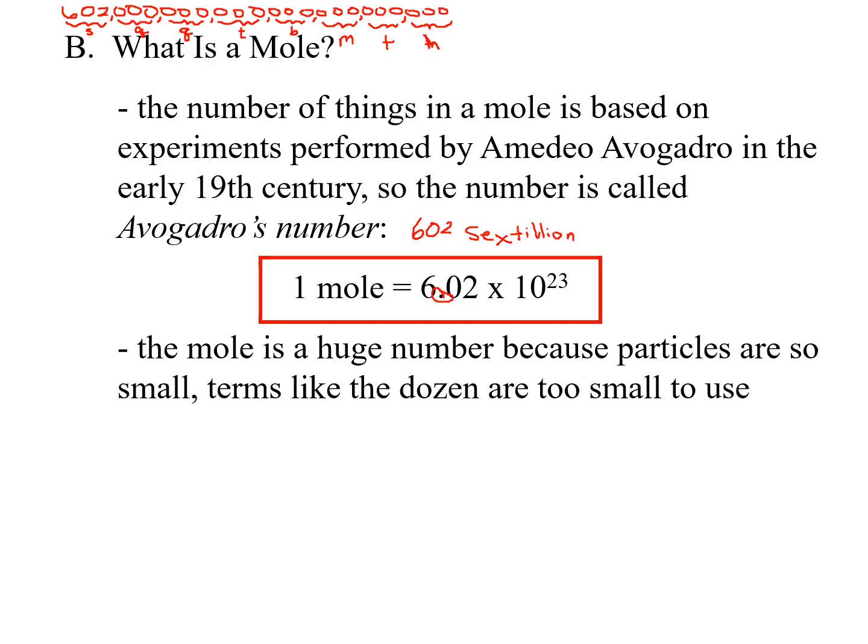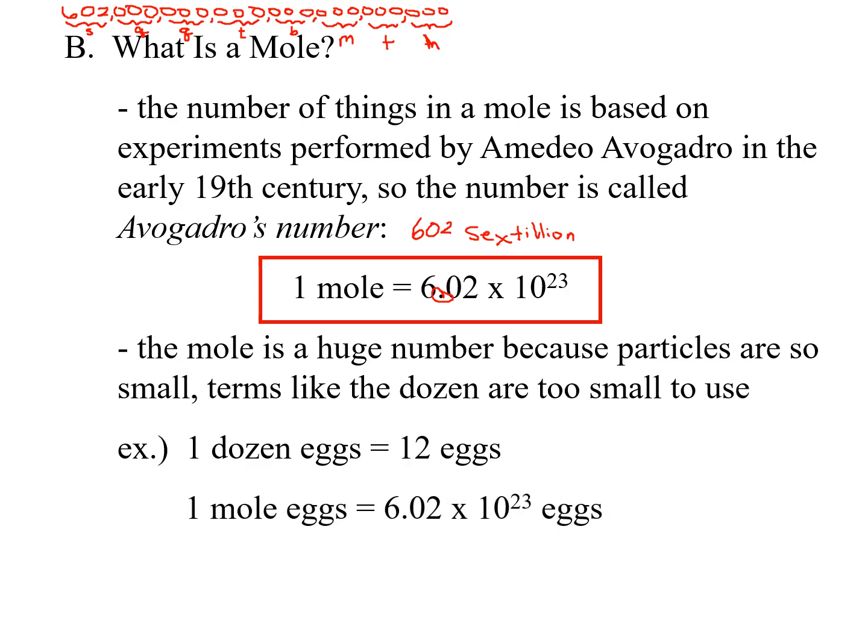But for things like people or eggs or donuts or whatever, that would just be a ridiculous number and would be silly to use. So this is appropriate: 1 dozen eggs equals 12 eggs. That seems very appropriate. But this is not appropriate. We would never use the term mole with eggs because 6.02 times 10 to the 23rd eggs is more eggs than have ever existed in all of history.